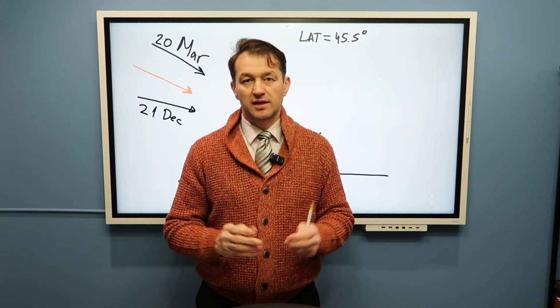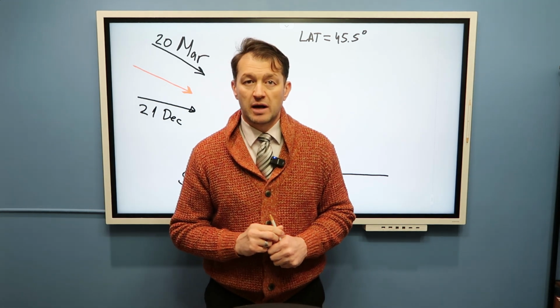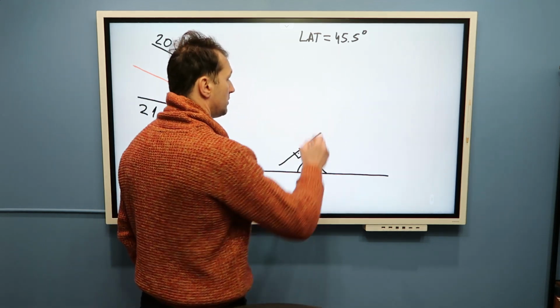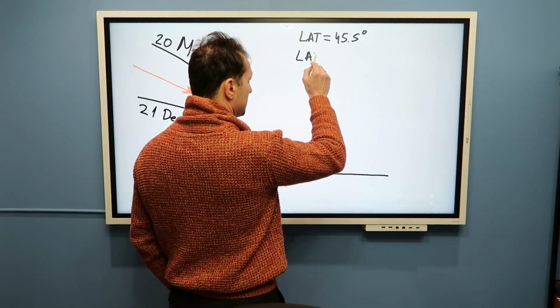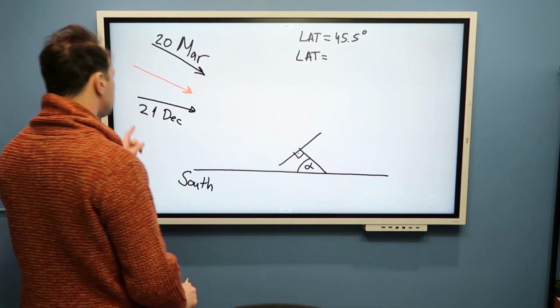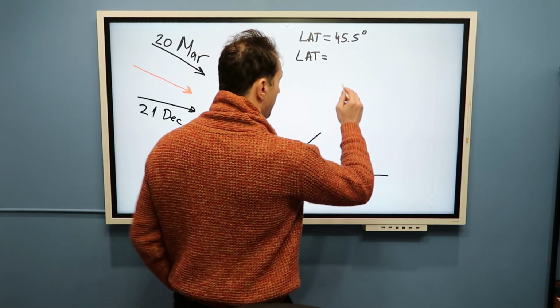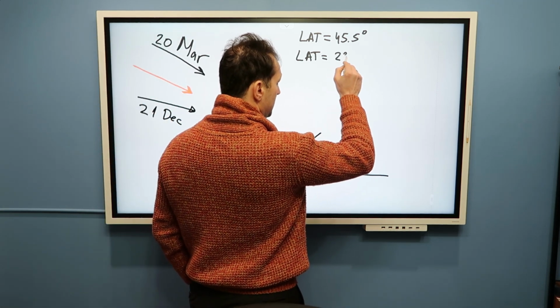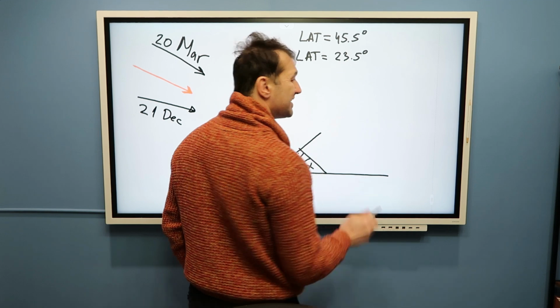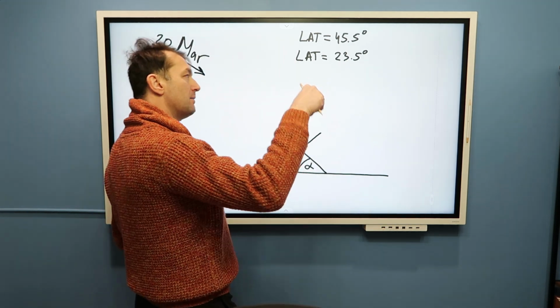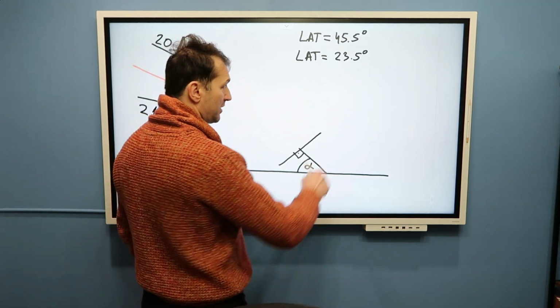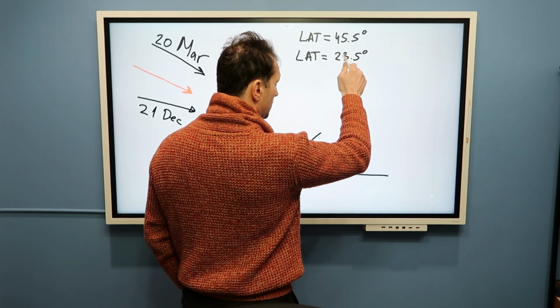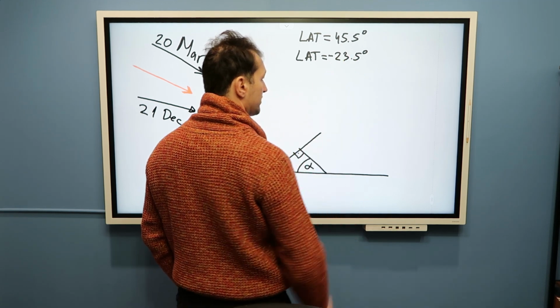Of course you did. That latitude is known as the Tropic of Capricorn. And that latitude where the sun is directly overhead on 21st December at noon is 23.5 degrees south. And again, please keep in mind, because this is a southern latitude, it will have a negative sign.